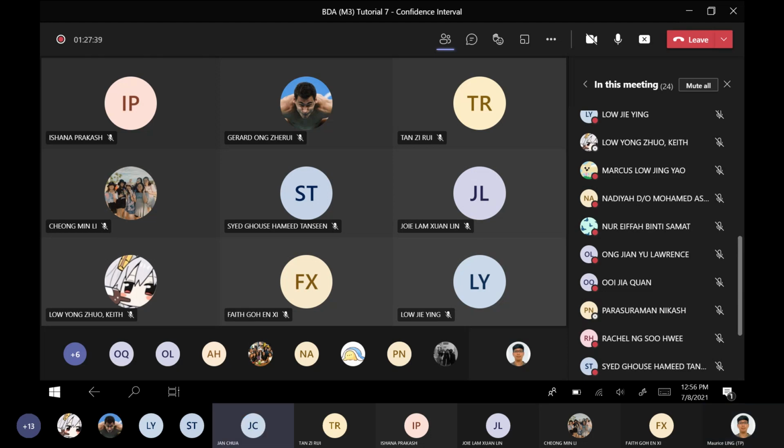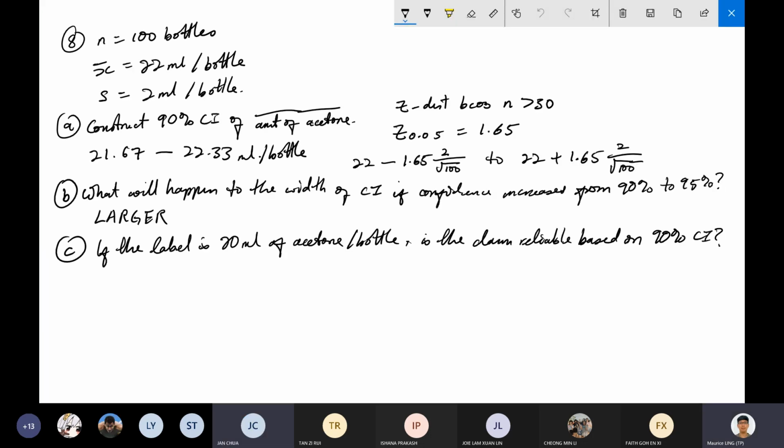Is it unreliable? Yeah, Jane, correct. It's unreliable. No, it is not reliable. But what is your reason? Because the 20 ml doesn't fall within the confidence interval at 90%.